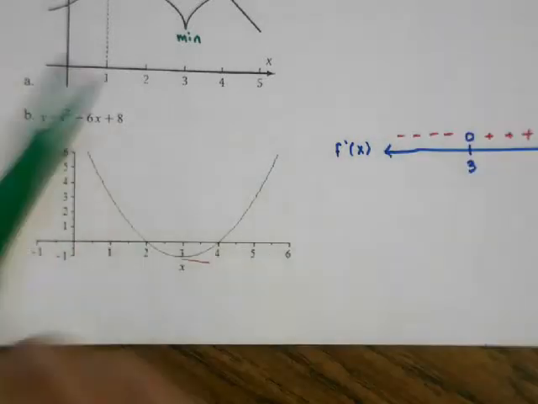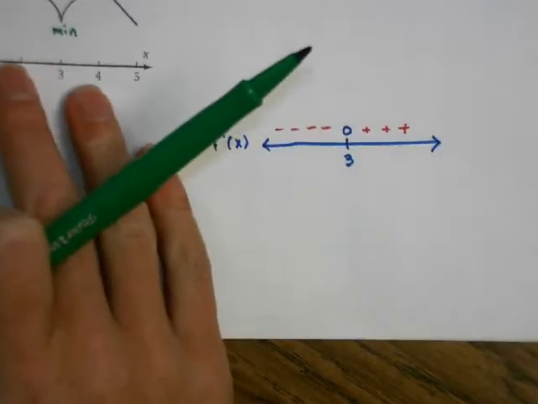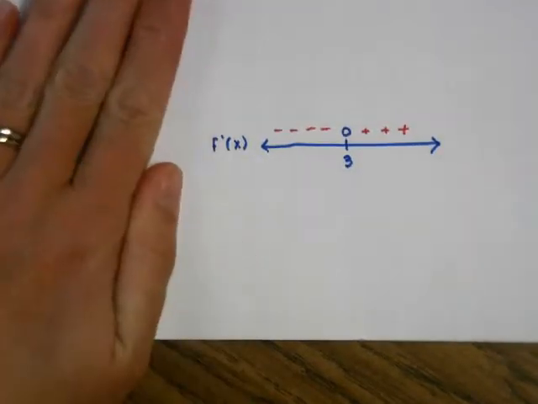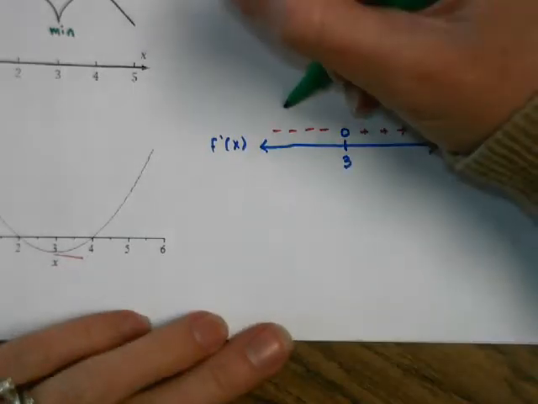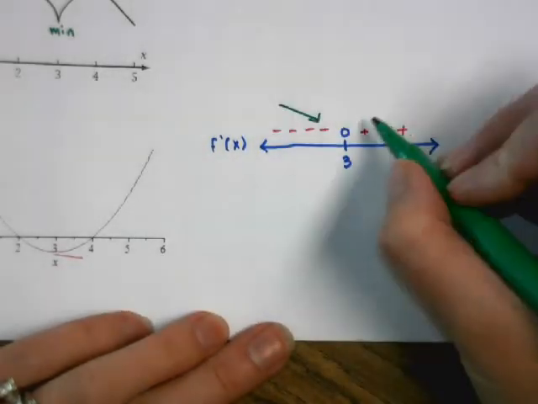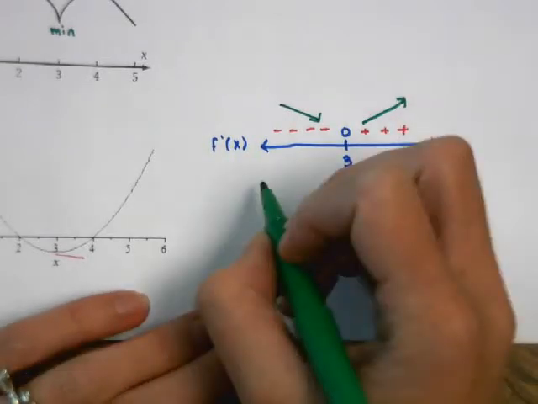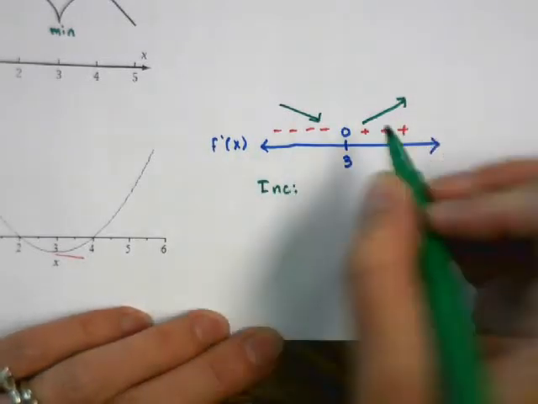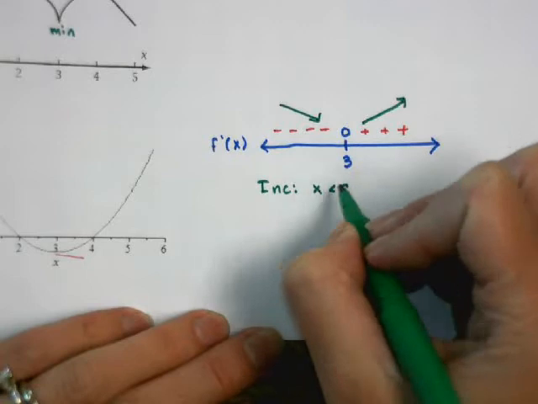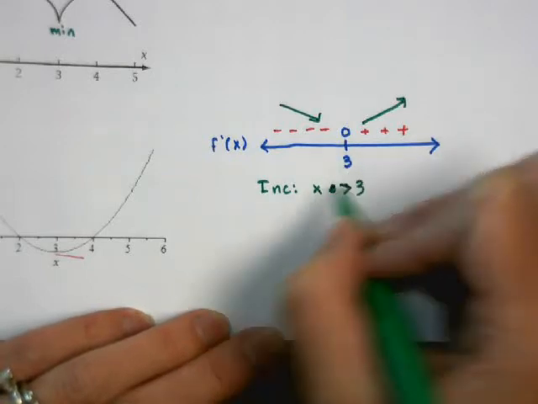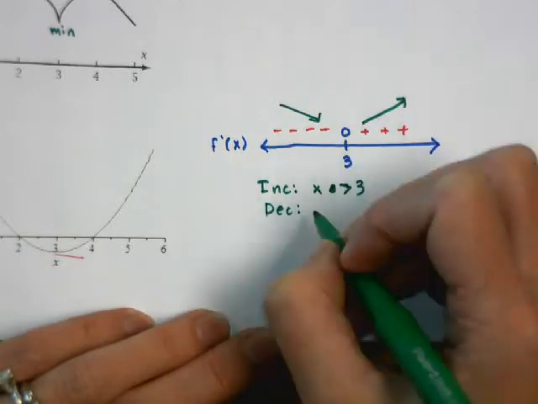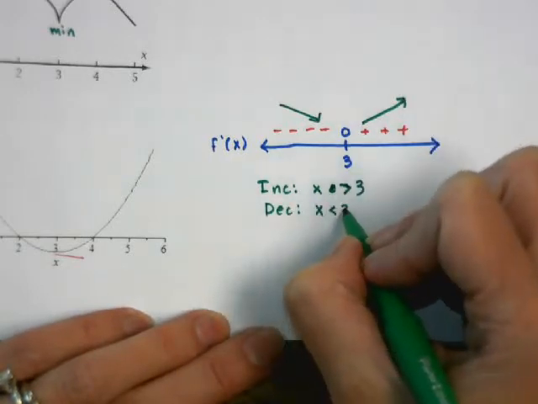So now, if I didn't have the graph and all I had was this information here, I know that my graph is decreasing here, it's increasing here. So it's increasing when x is greater than 3. It's decreasing when x is less than 3.